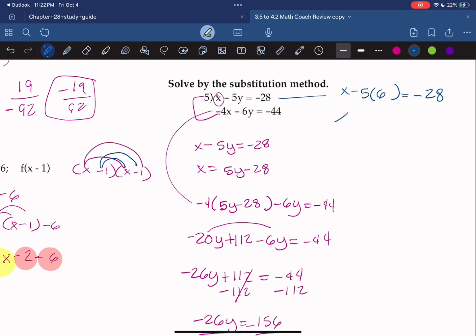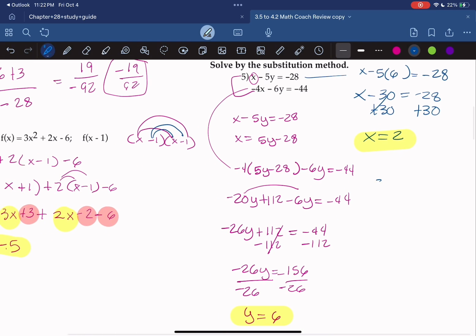X minus 30 equals negative 28, plus 30, plus 30. X equals 2. And our answer for this problem is 2, 6, because we have to write our answers in order x, y, z.